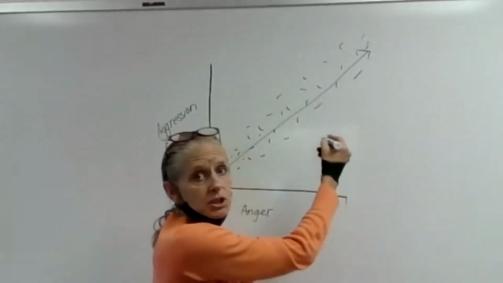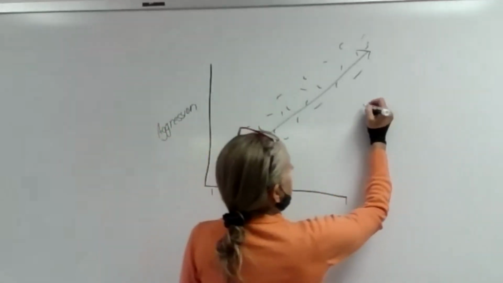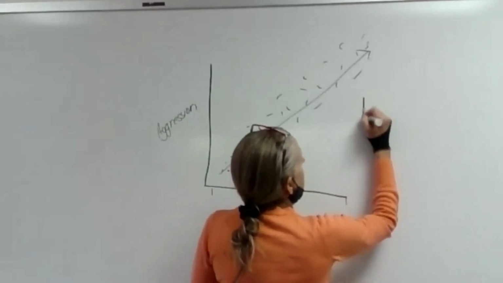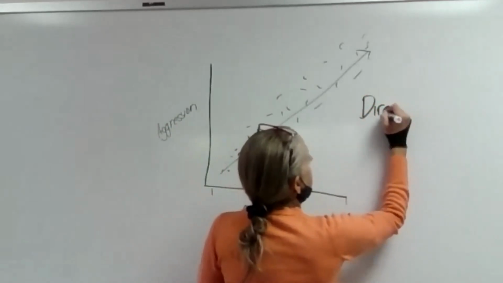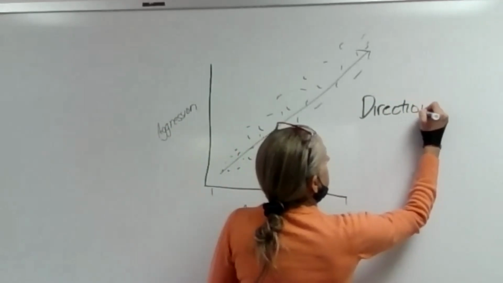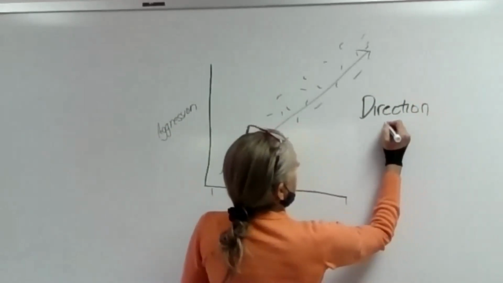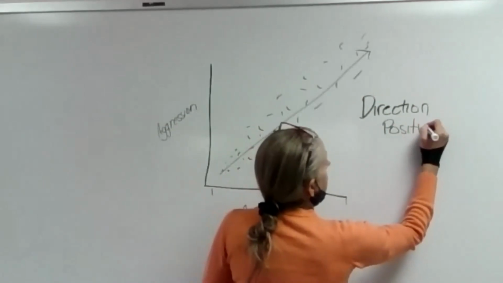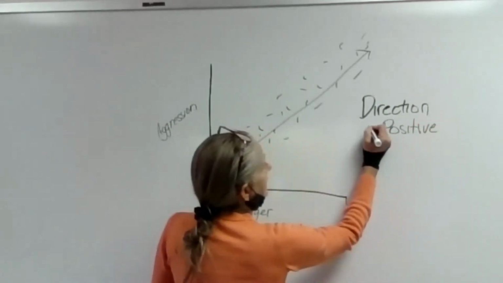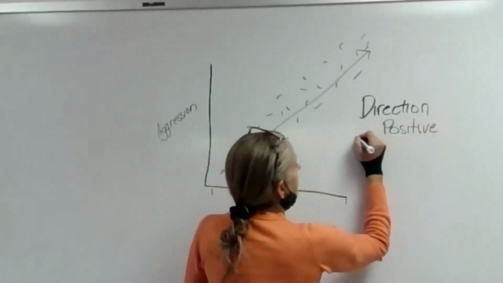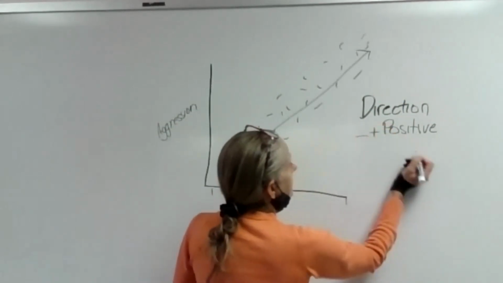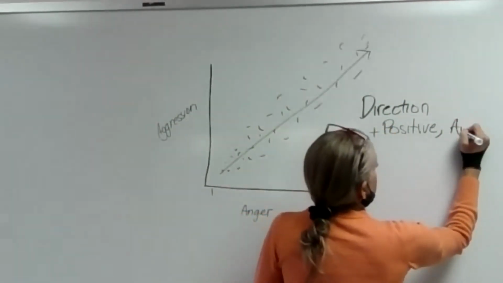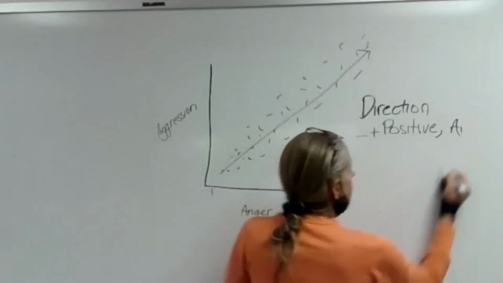We talked about two measures that we can get of this correlation. We can measure the direction. We look at the arrow, and if the arrow goes upward, it is positive. We indicate that with no sign at all or a plus sign, and it is the line going upward.